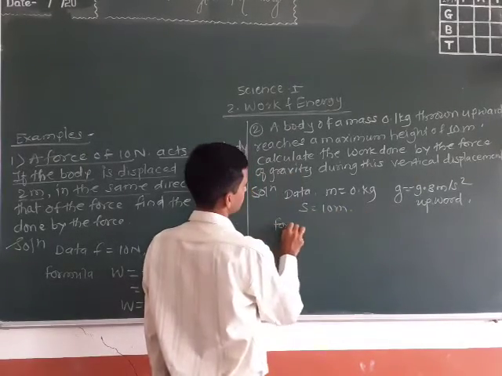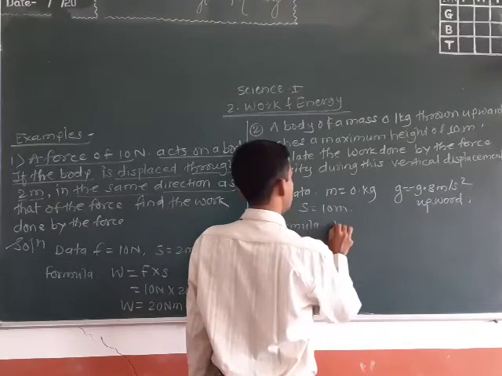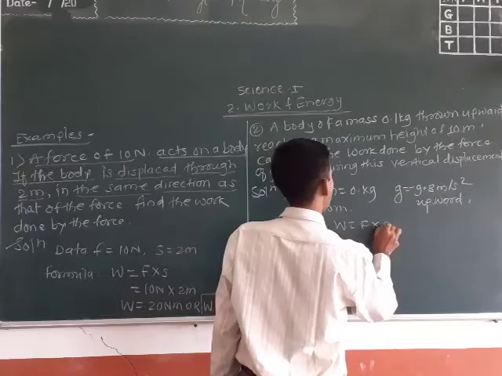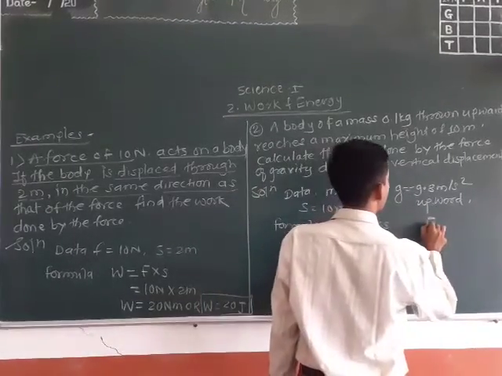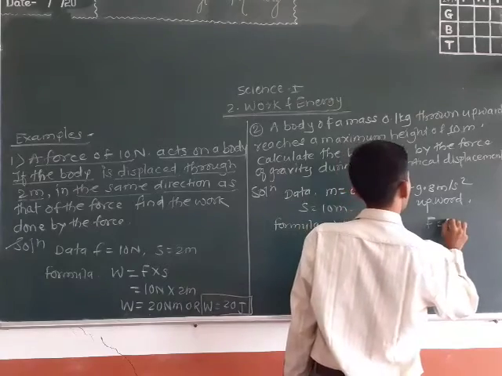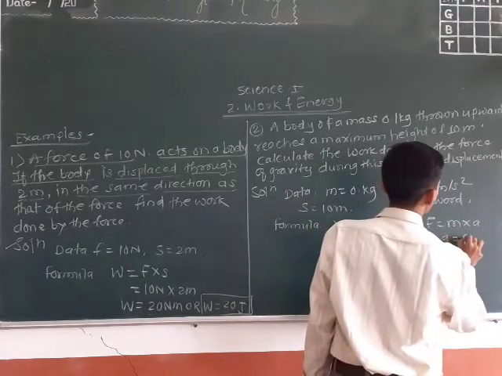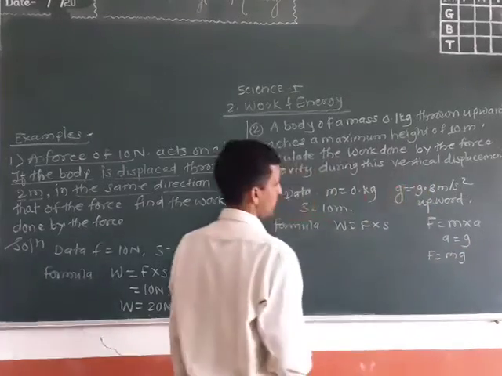Formula: W is equal to force multiplied by displacement. Force is equal to mass into acceleration, a is equal to g, so F is equal to mg.